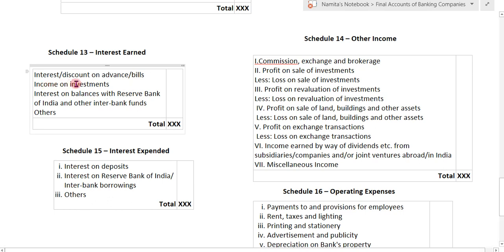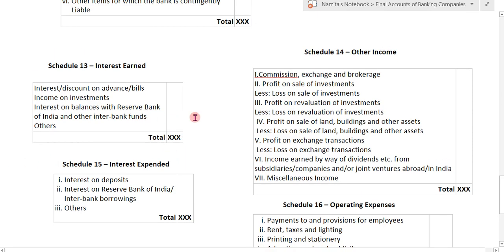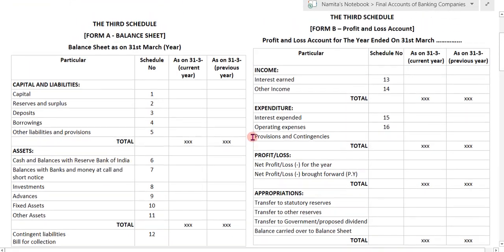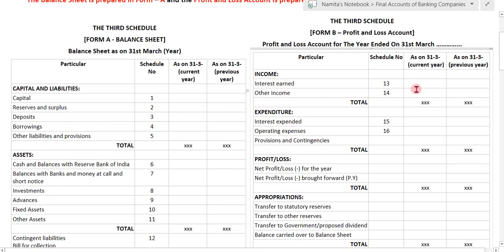So interest and discount on advances and bills, interest on balance with the Reserve Bank of India and other interbank funds. The total of schedule number 13 is to be posted in the profit and loss account in the column here. The total of interest earned will be written over here.